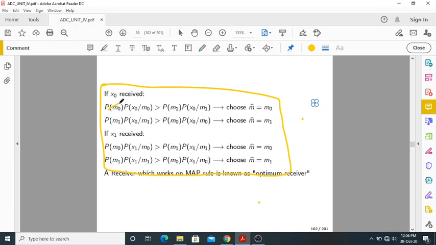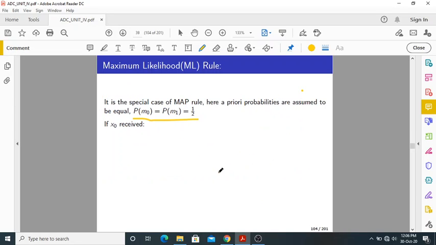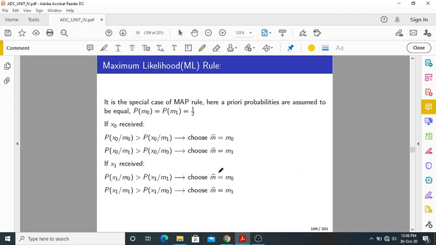P of m0 is the same as P of m1. These will be cancelled because they are the same. So this is the simplified rule. That's it. Okay. Now then what happened? This is what you get. So it is called the maximum likelihood rule. This is the ML rule. This is ML decoding.